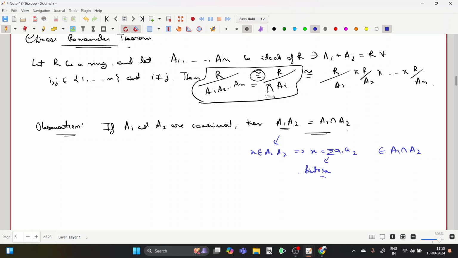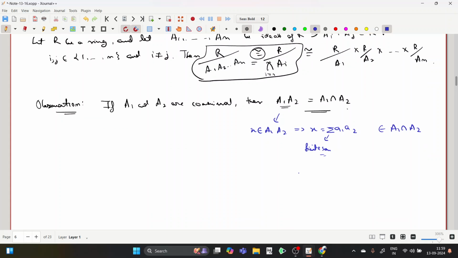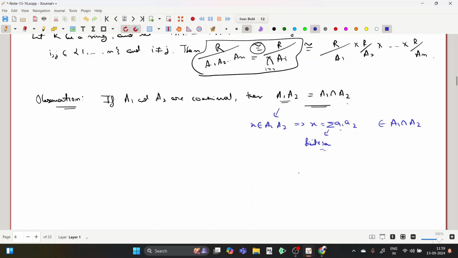But observe that if I consider the element a2 and I consider the element a1 coming from R, because a1 is an element of capital A1, so a1 can be considered to be an element coming from capital R, then each a1 a2 will be an element of capital A2, because capital A2 is an ideal, right.